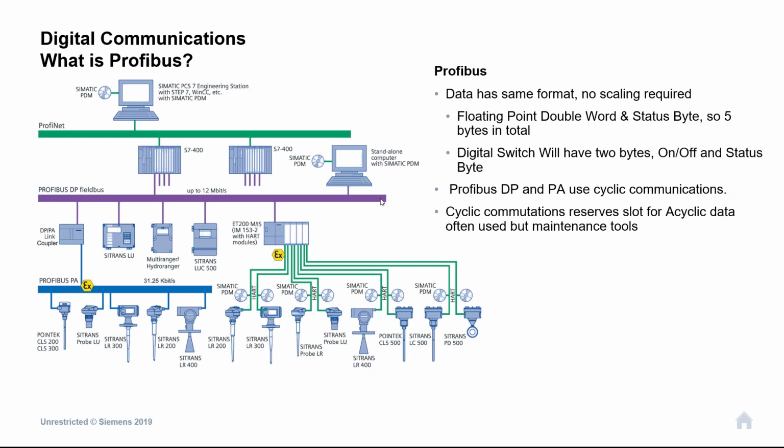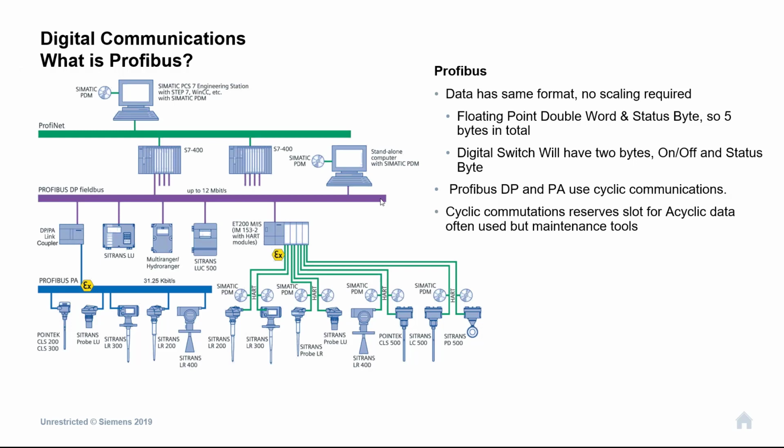The other thing you need to be conscious of is that within that cycle time, there's a slot reserved for what we call acyclic data. If an instrument puts a fault onto the bus, we get a status byte error.